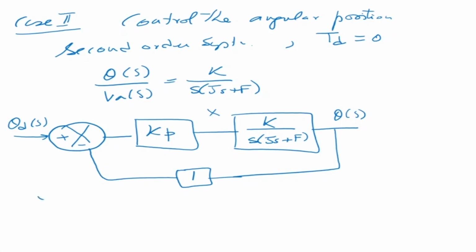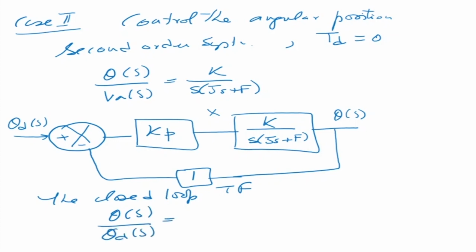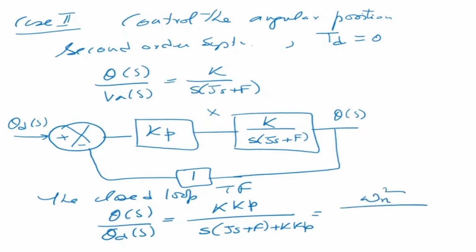The closed loop transfer function is of the form theta(s) by theta d(s) is equal to K Kp divided by S into (JS plus F) plus K Kp. With S squared at the bottom, it can be written in the standard form: omega n squared divided by S squared plus 2 zeta omega n S plus omega n squared. This is the standard way of writing a second order equation; the characteristic equation has an S squared.